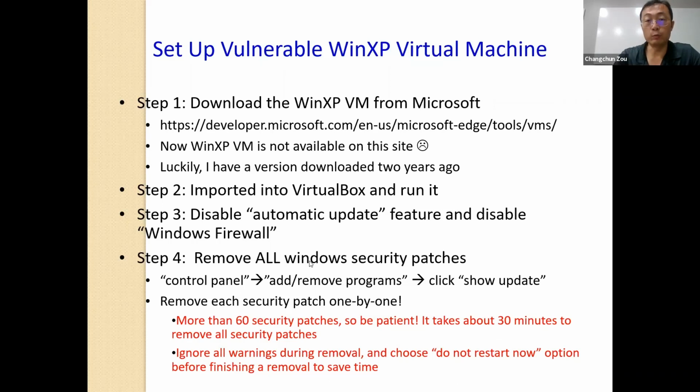Basically, I removed all the security patches in the Windows XP, because this VM is a Service Pack 3 Windows XP. Even after Service Pack 3, it still has a lot of critical vulnerabilities. And after I remove all these security patches, it is vulnerable to many known attacks. I removed these security patches one by one.